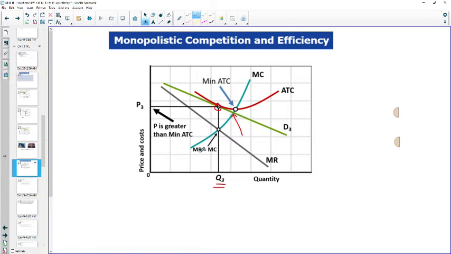We're producing where marginal cost and marginal revenue meet. As a result, we're not getting this amount of extra consumer surplus and producer surplus, and we call that lost value to society deadweight loss.